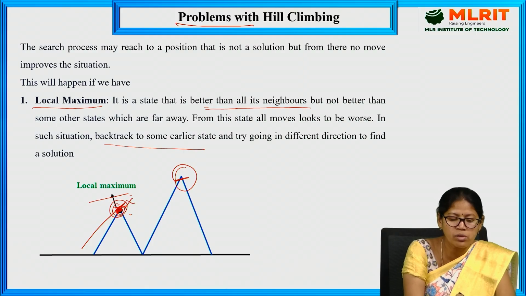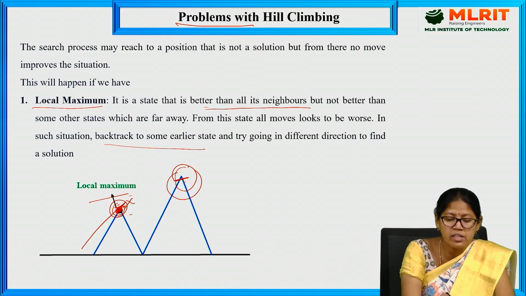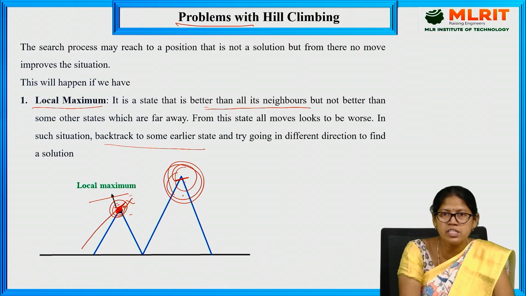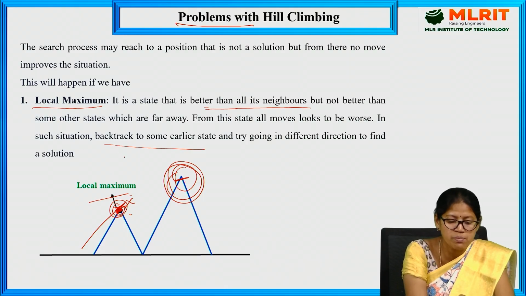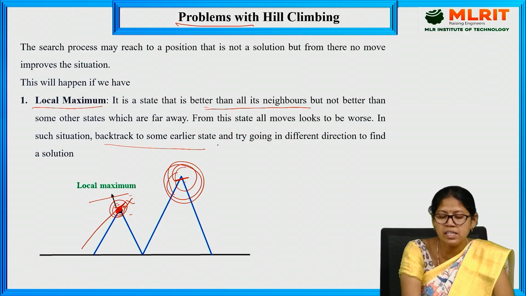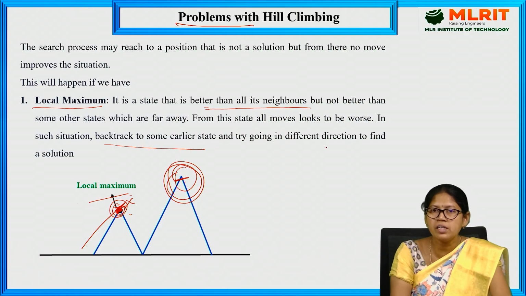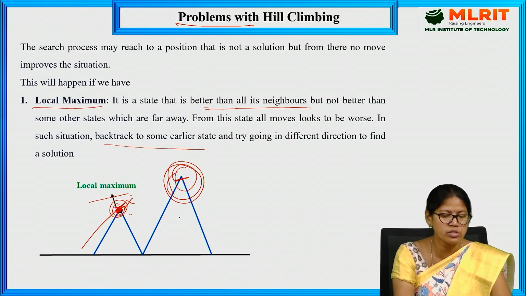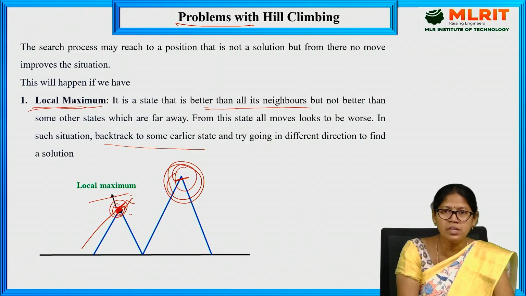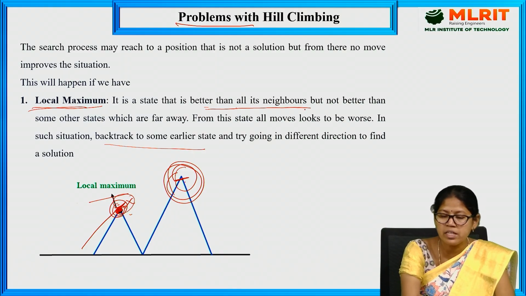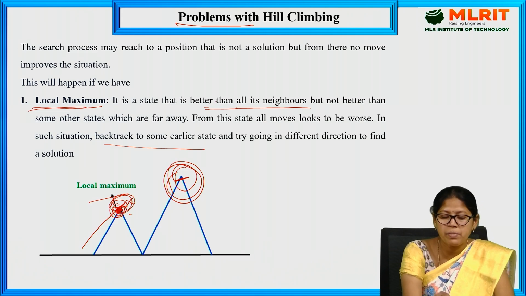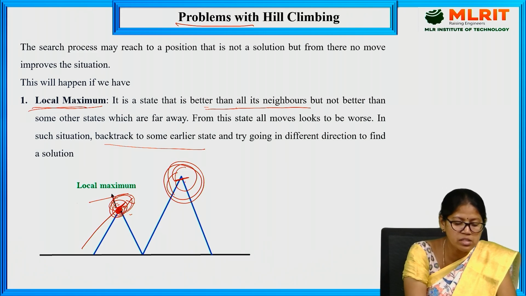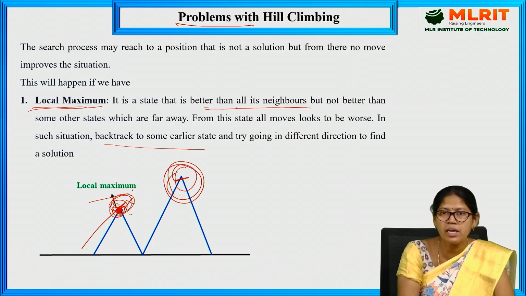If you compare, there is another optimal solution, but it won't go there. So the solution is to backtrack to some earlier state and try going in a different direction. A local maximum is a state that is better than all its neighbor states. This point is better than its neighbor states.